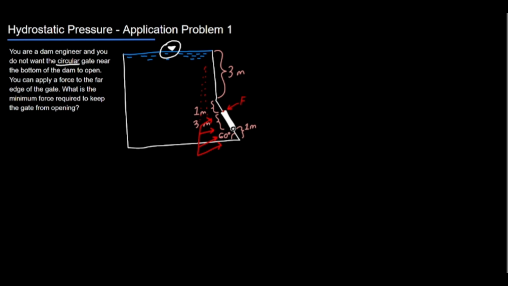The equation that we need is the resultant force. And so I'll draw it in red so we know where it's pushing. Or, well, we don't know where it's pushing yet, but we'll do FR. And then F is what we can apply.